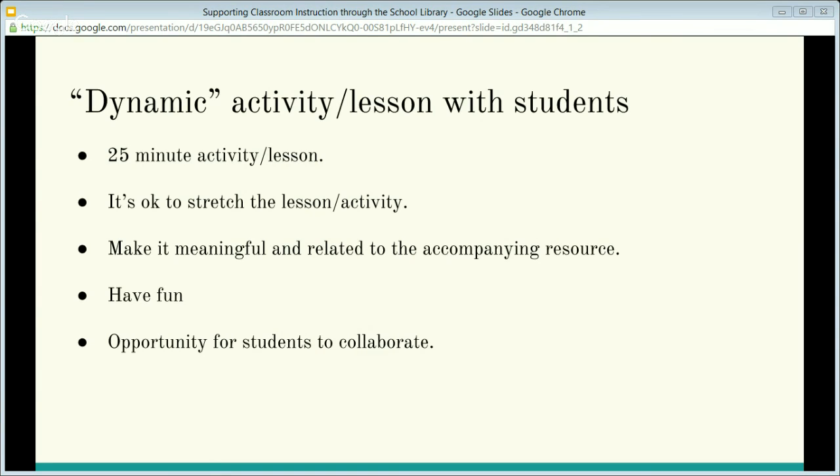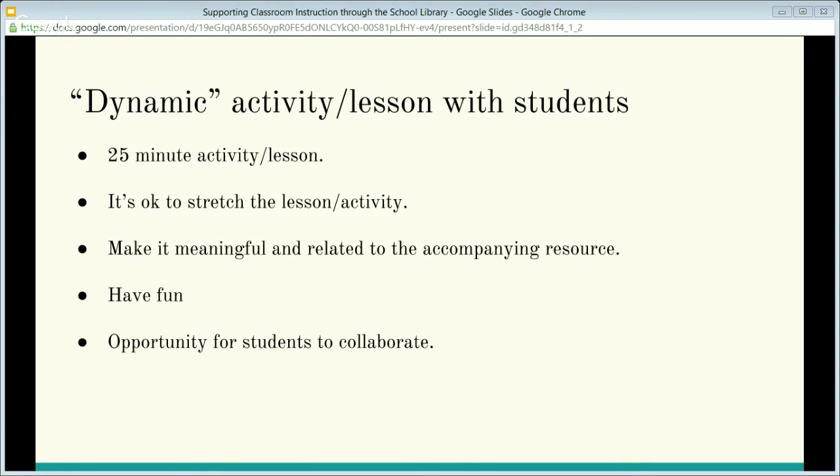I can't support classroom instruction if in the classroom they're talking about missions, and in the library I'm talking about something totally different. I think it's very good to reflect what they're doing in the classrooms. And I guarantee you, your teachers will appreciate you for that. I'm sure they already appreciate you.